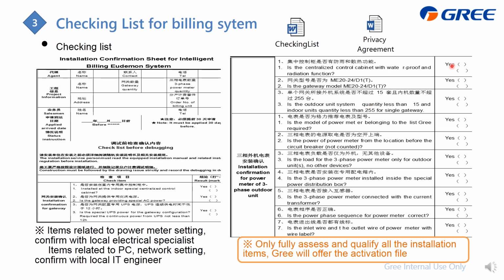You just put yes or no here. You can find that the items are very detailed. With this, we can ensure your project meets our requirements, and then you can go to the next debugging.